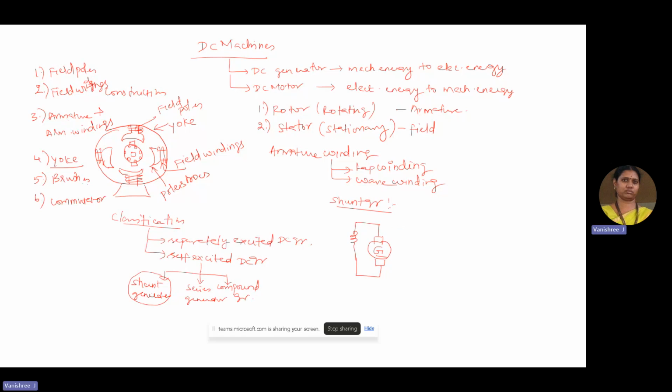Then we have the load connected to it. Within the generator, it accounts for the generated EMF and the armature resistance. This is the field resistance, which is given by RSH. And it is the armature current which emerges out of the armature and gets split up into the shunt field current and the load current.